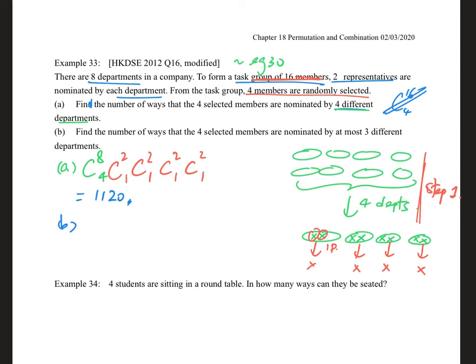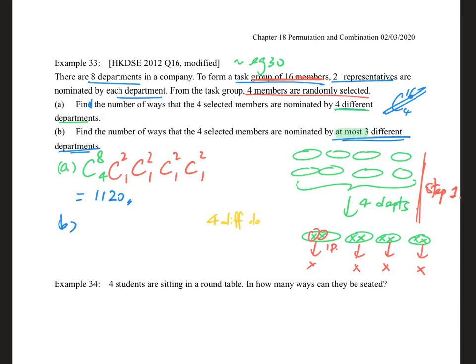And then part B, it will be finding the number of ways the 4 selected members are nominated by at most 3 different departments. So once again, it's about at most. So I will think about the question by listing out some possibilities first. I use yellow here. The 4 members can be in 4 different departments, right?